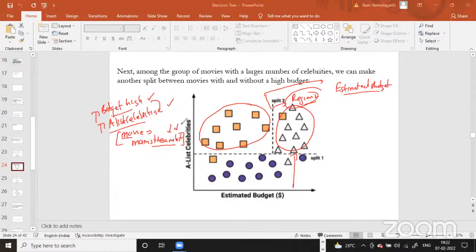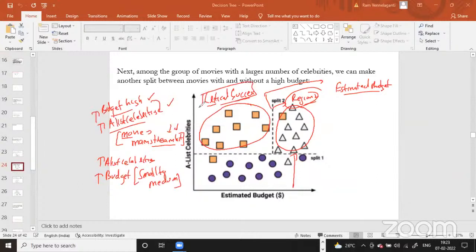What is the next thing you can say? If the number of A-list celebrities is high, and your budget ranges from small to medium, then what can you say about the movie? The movie is going to become a critical success. So the movie is going to get critical acclaim.